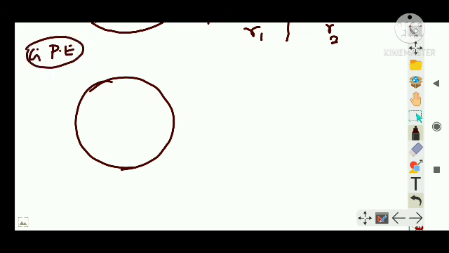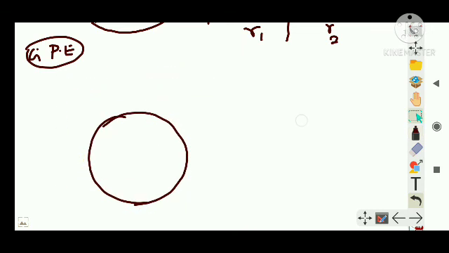Derive the gravitational potential energy. So let me bring this downwards. Let's consider there is a point A here and a point B here. Let's say point A is at height h1 from the ground and B is at height h2 from the ground.